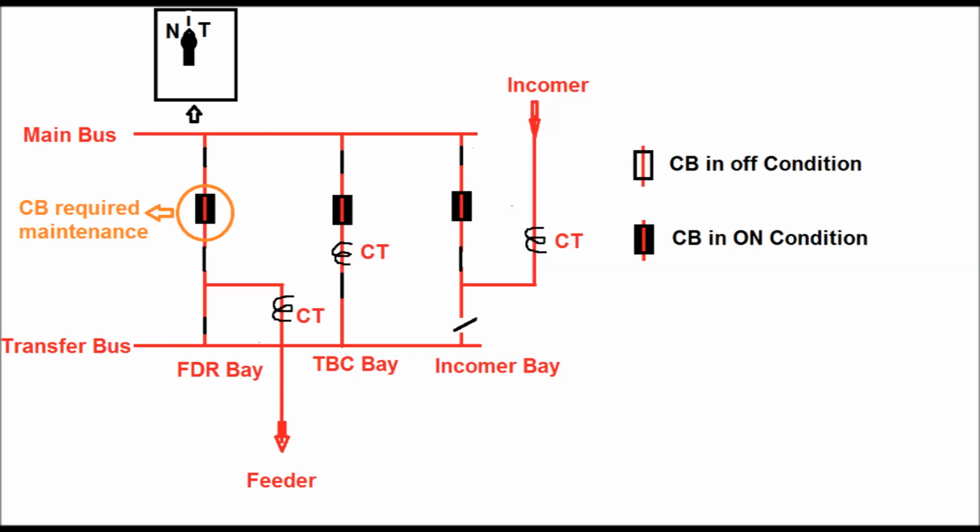As soon as we close the circuit breaker of the TBC, the two bays are in parallel position. Then we can trip or open the circuit breaker of the own bay and isolate the line side and main bus side isolators for maintenance of the circuit breaker of the feeder bay. So this is how the switching operation is done to divert the feeder to the TBC bay.